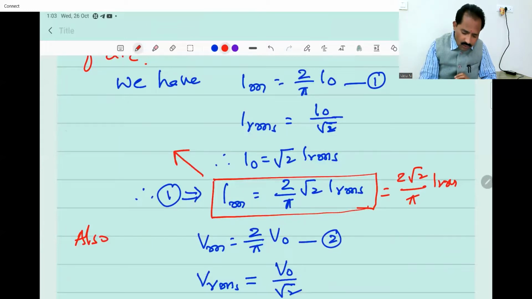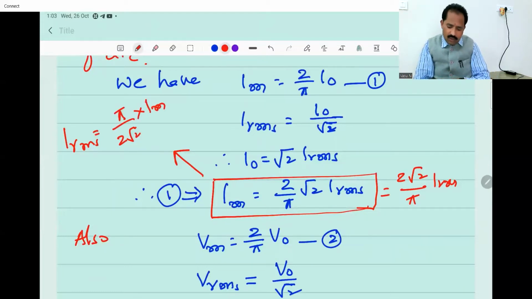Suppose IRMS is needed: IRMS is equal to pi divided by 2 root 2 into Im. See, that is the equation. Both are the same. So if the mean value of current is given you can find the RMS value, and if the RMS value is given you can find the mean value. It may be asked in 2 marks, or in 5 marks in problems and numericals.